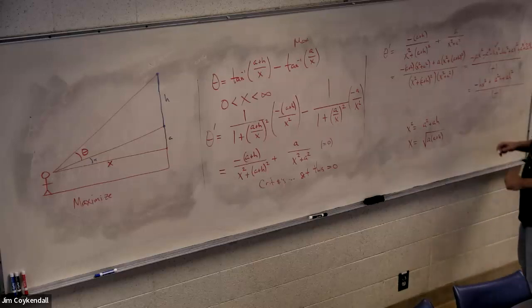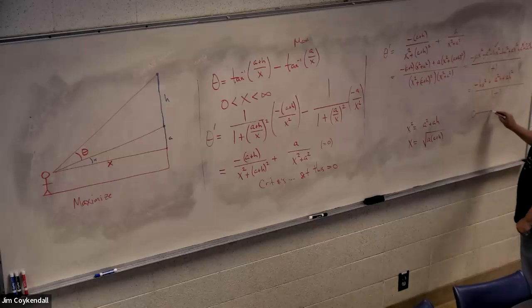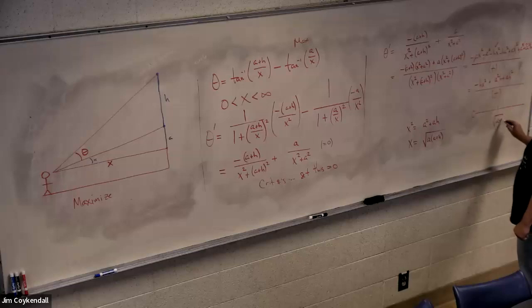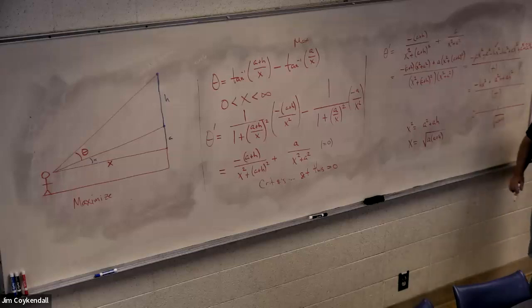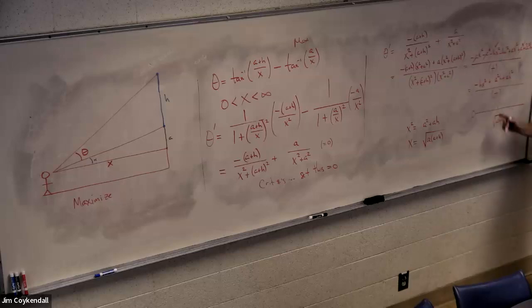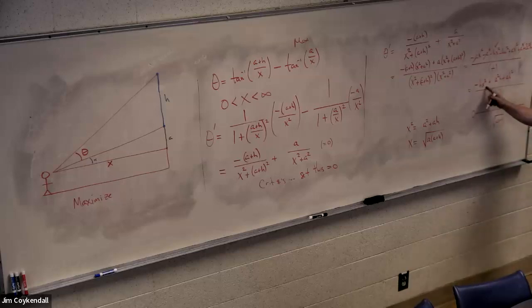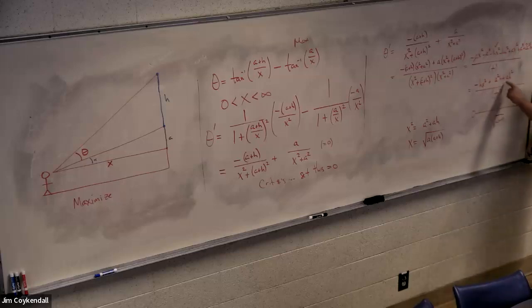Now, this critical number happens somewhere here, square root of a plus h. It's somewhere between 0 and infinity. Let's look at the first derivative. What happens when you're really close to 0? Well, positive here, and that's almost 0.